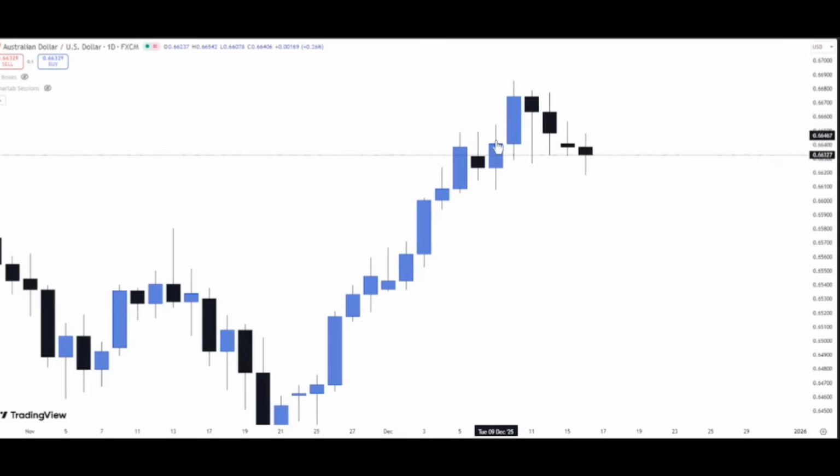As you can see, this bullish candle took out the high of this previous day's candle and took out the low of the previous day's candle. If I ask you, what is the name of this candle? Most of you will say this is bullish engulfing candle, which is right.